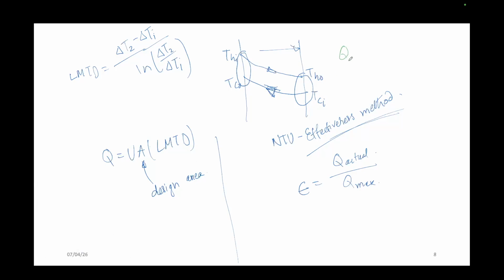You can use Q actual equal to m c Cp times the temperature difference, THI minus THO. Not H, it should be C.